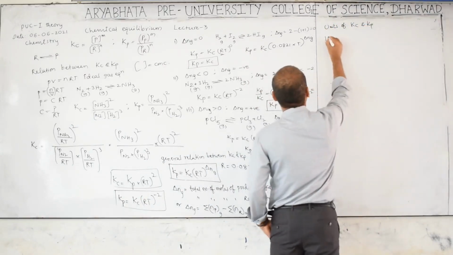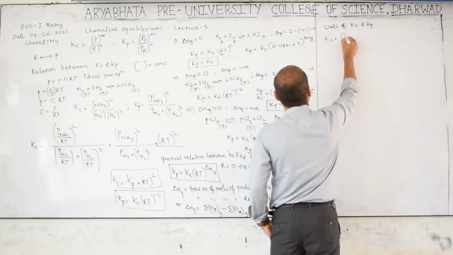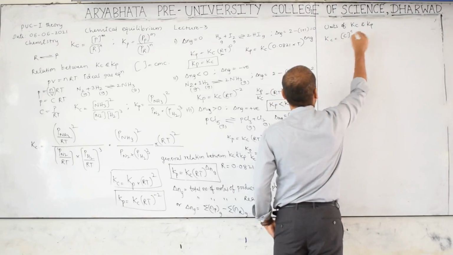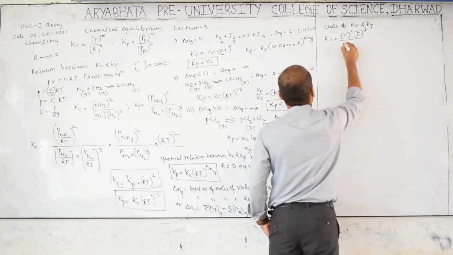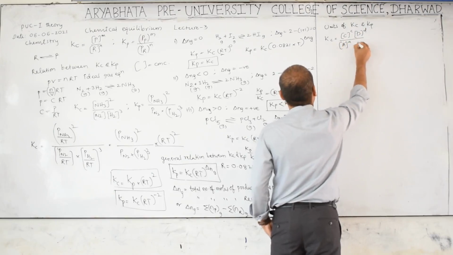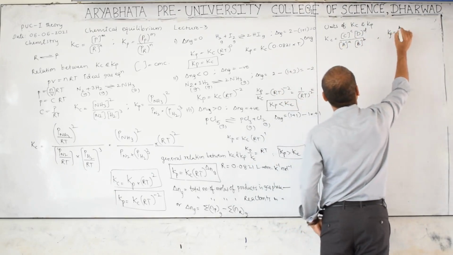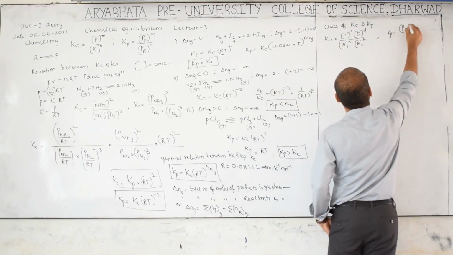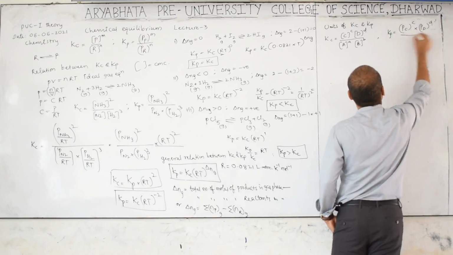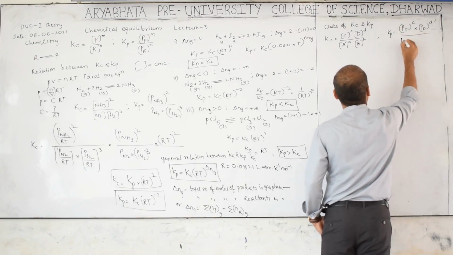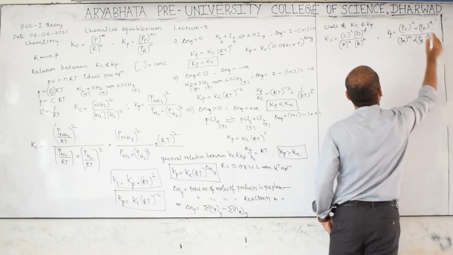Kc we already know: C power c, D power d over A power a, B power b, in the general equation I gave in the previous class. And the Kp relation is pressure of C power c and pressure of D power d over pressure of A power a, pressure of B power b.